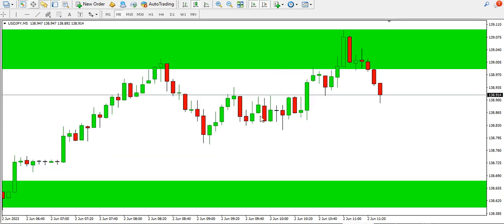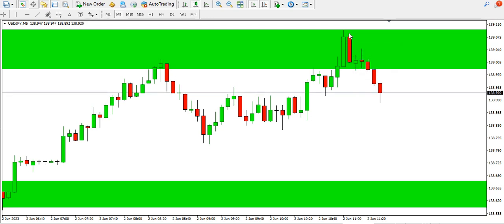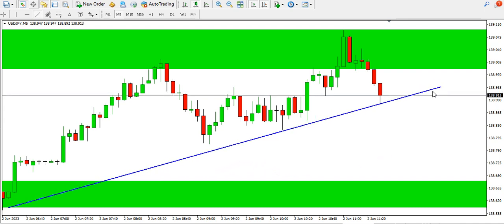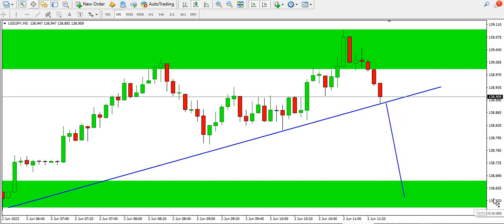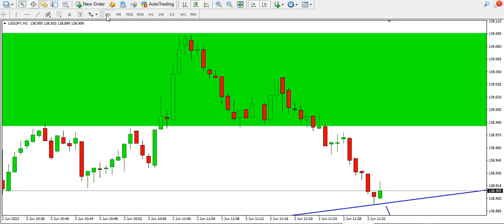On the 5 minute time frame, we have a top around here, another top around here, and this particular ascending trend line. A drop below this ascending trend line should send price to the range bottom, which is at the 138.63 level.